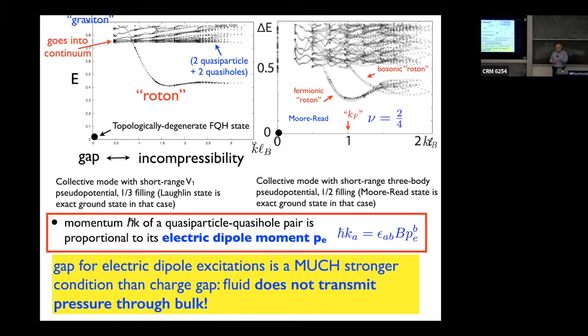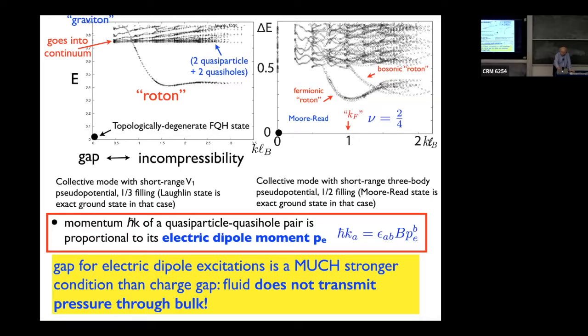So the momentum now becomes h bar over the magnetic length. And you can actually see an interesting feature of the bosonic analog of the fermionic analog of the roton, which is the analog of a BCS quasi-particle in some sense.